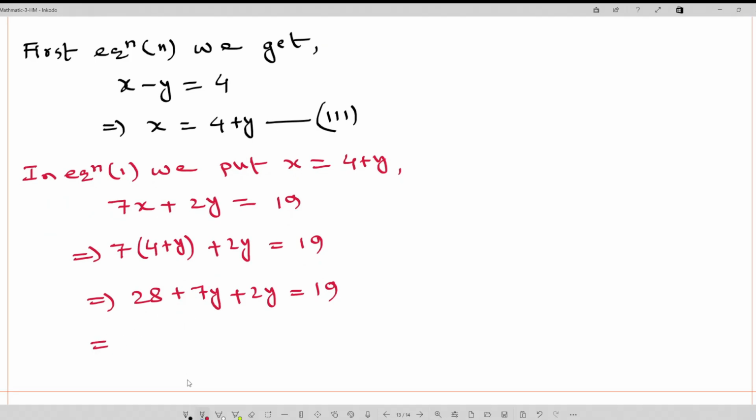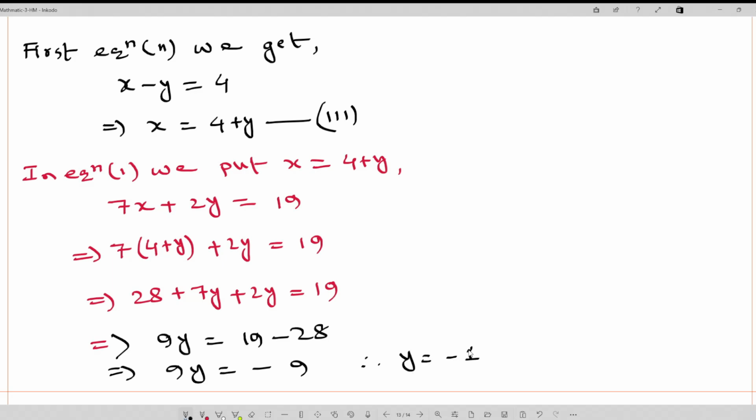Then 7y plus 2y is 9y, and here is 19 minus 28. So what will we get? 9y equals minus 9, right? So once we divide both sides by 9, we get y equals minus 1. Okay, we already found one result.